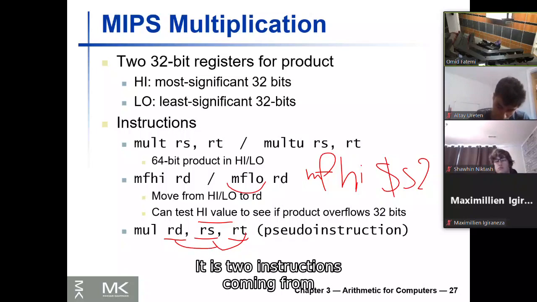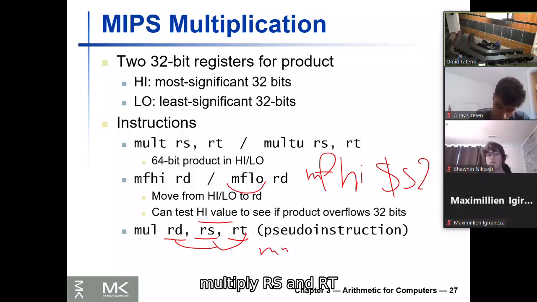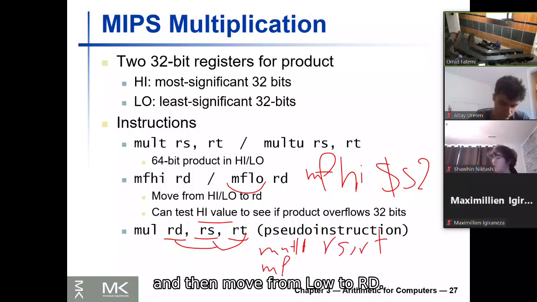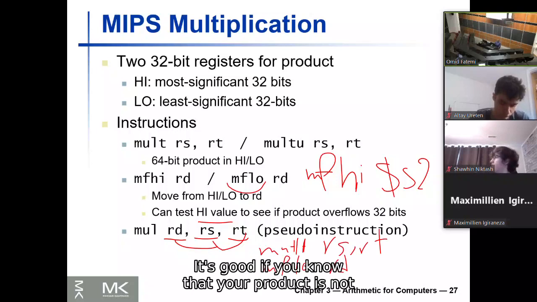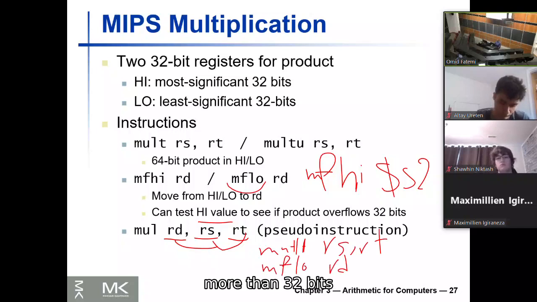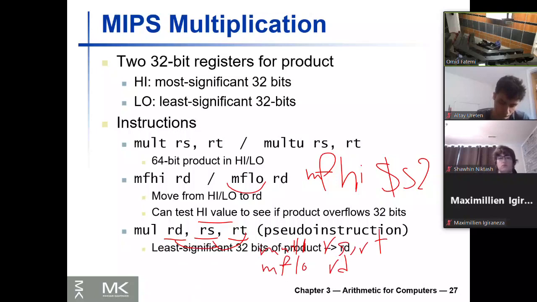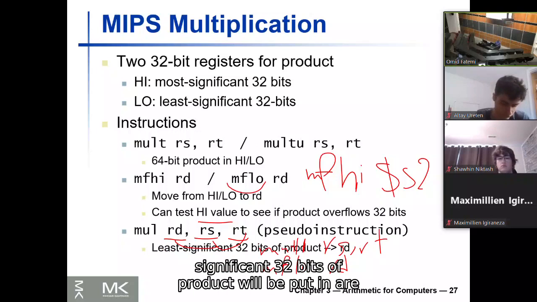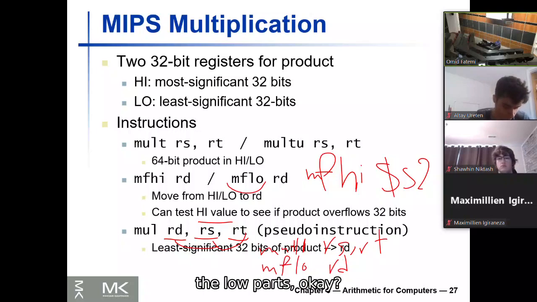So it is 2 instructions: multiply RS and RT, and then move from low to RD. It's good if you know that your product is not more than 32 bits. The least significant 32 bits of the product, the low part, will be put in RD.